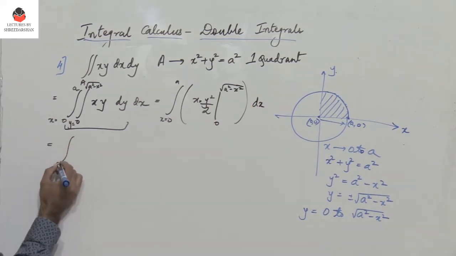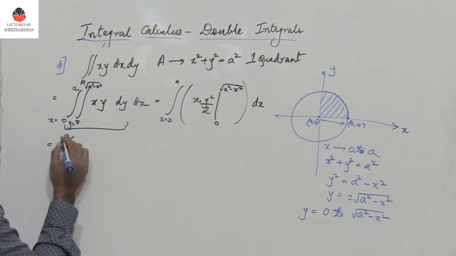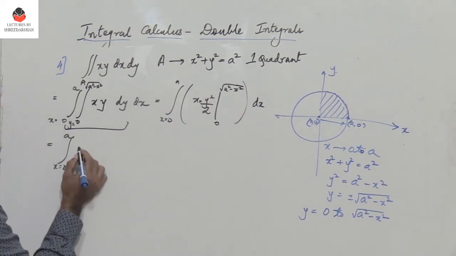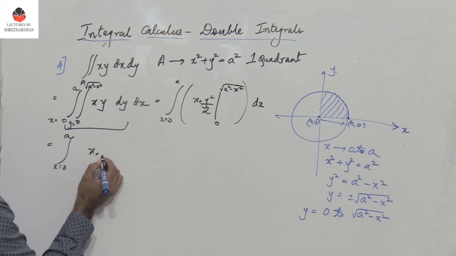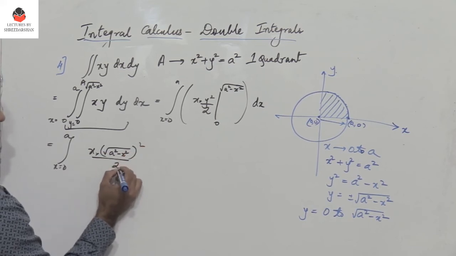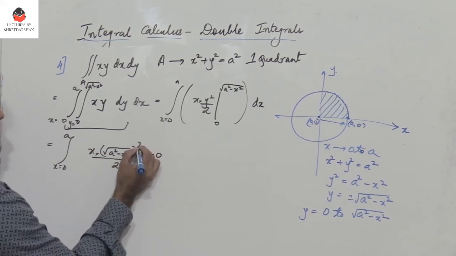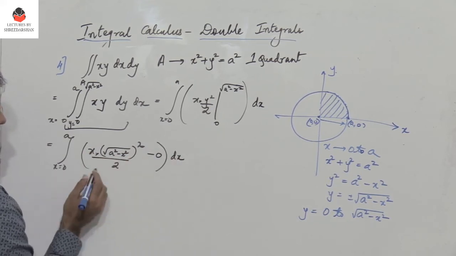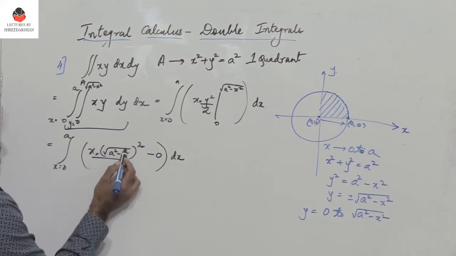So next, what is the next step? X varying from 0 to a. So wherever y is there, put root of a square minus x square. So you have x into y is root of a square minus x square, the whole square by 2 minus 0. And then you have dx. So this is under root the whole square.